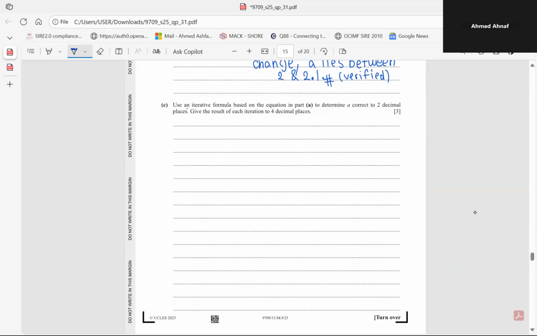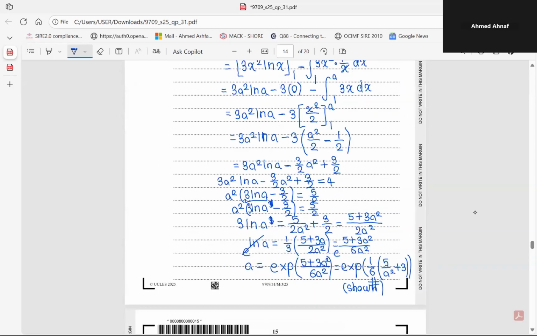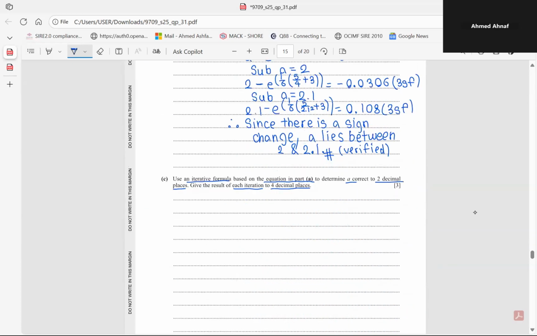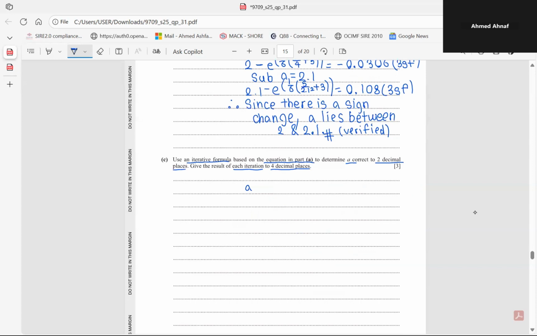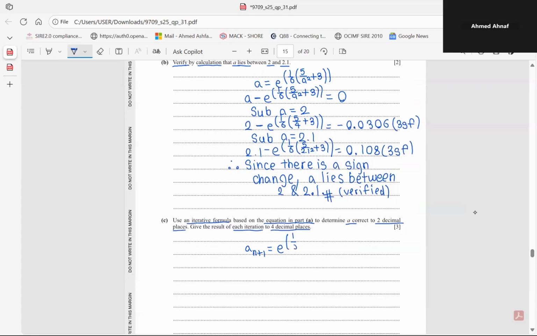Okay, now we have to use an iterative formula based on the equation in part A to determine a correct to 2 dp, and each iteration should be given to 4 dp. All right, first of all, let's state our iterative formula. That is very simple. That's just a n plus 1 equals e to the power of 1 over 6 times 5 over a n squared plus 3.